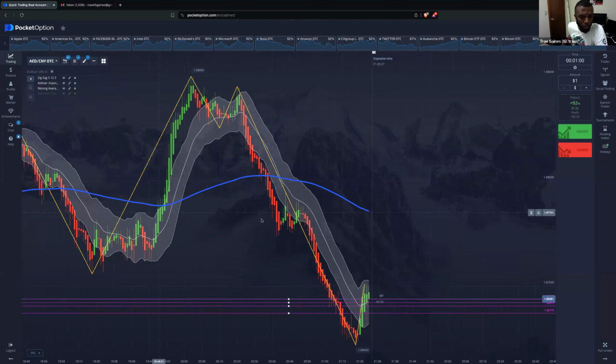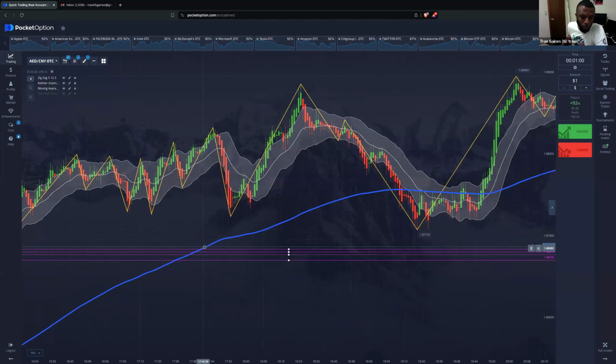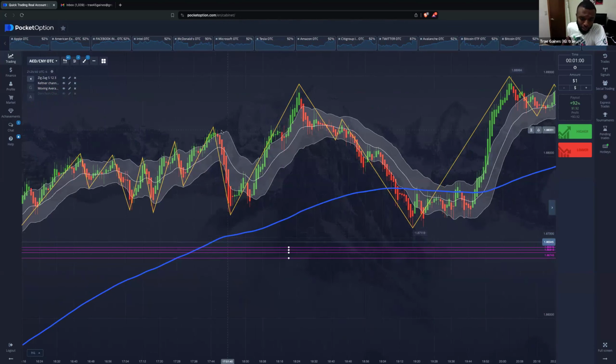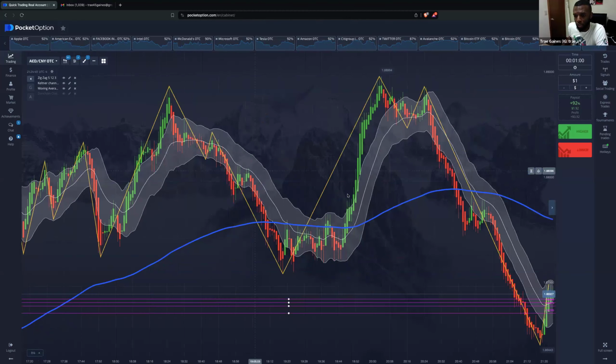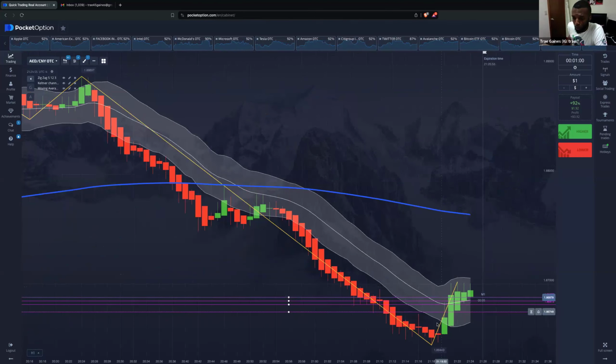If we look right here, let's go back some. Right here the 200 is below price. So right now we'd be looking for buys. When the 200 EMA is above the current price, we're looking for sales, so right now we wouldn't get in.